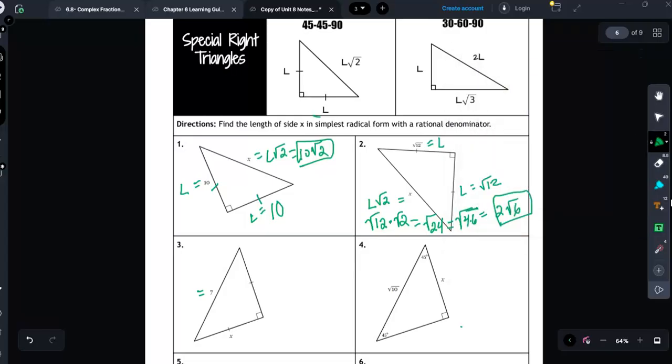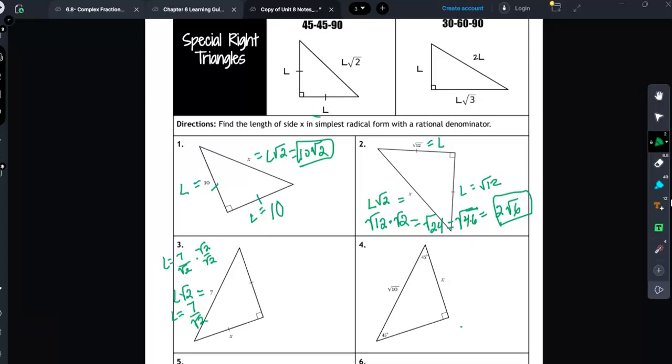The hypotenuse is worth L times the square root of 2. If that's equal to 7, you can solve for L by dividing by square root of 2. But you can't have the square root of 2 on the bottom, so you've got to fix that. So L is equal to 7 over the square root of 2. Multiply.